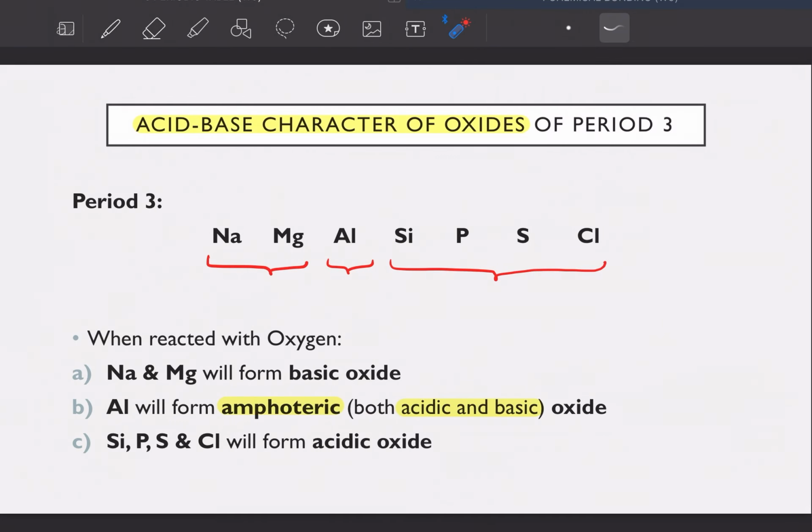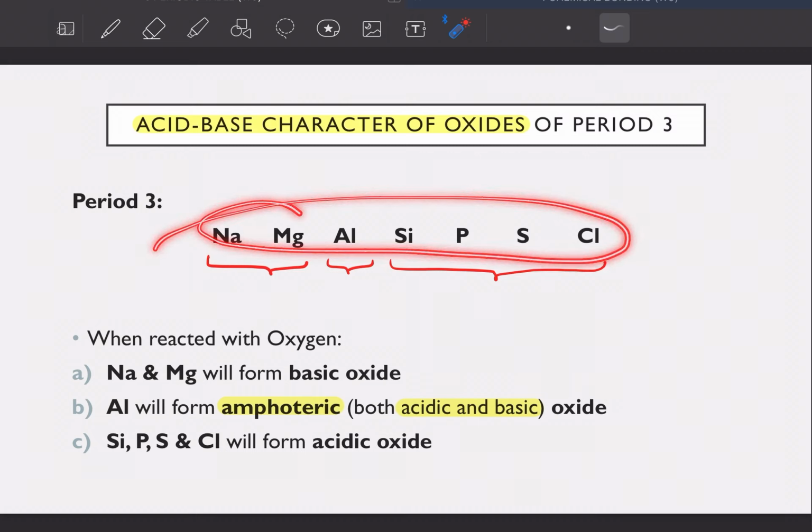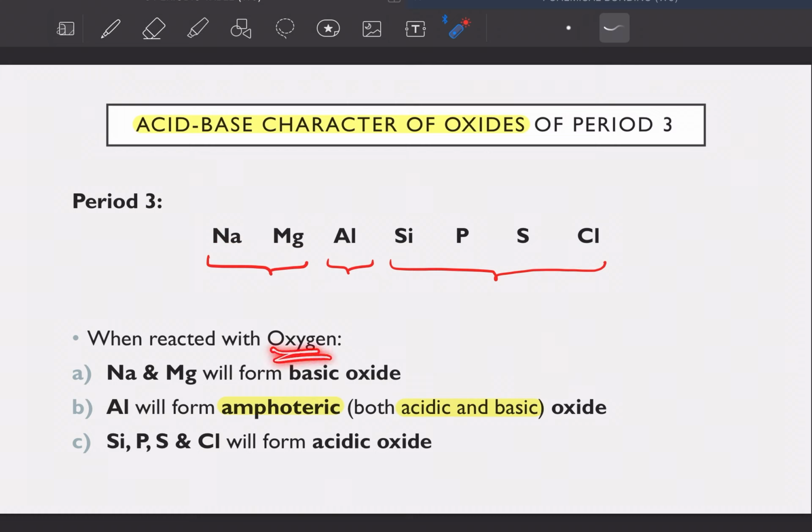Now we're going to go to the final learning objective, which is the acid-base character of oxides in period 3. So in period 3, we have sodium, magnesium, aluminium, silicon, phosphorus, sulfur, and chlorine. What you need to know is what happens when these elements react with oxygen. What kind of oxide will it form?